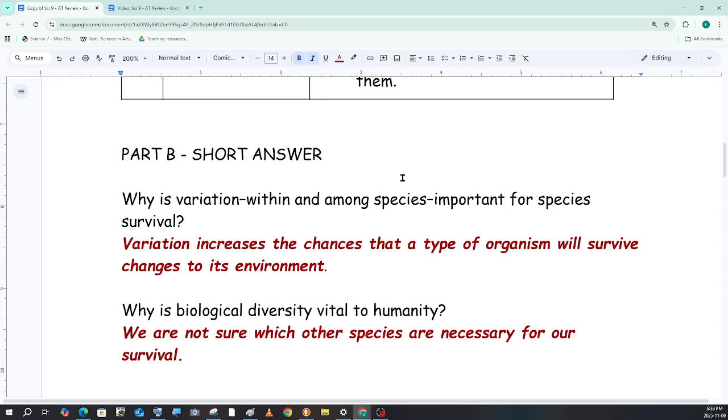What I mean by that is that every other organism that we rely on, whether it be for food or oxygen or what have you, those organisms in turn rely on other organisms as well to have their needs met.